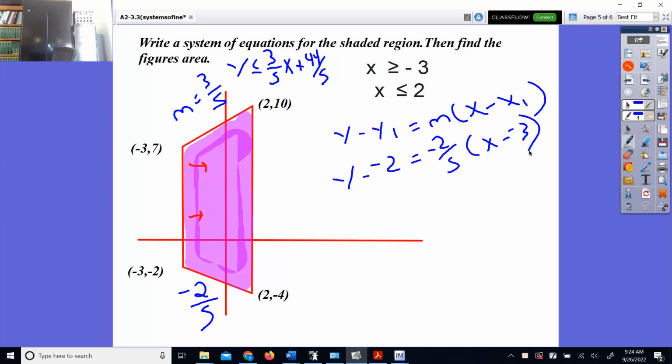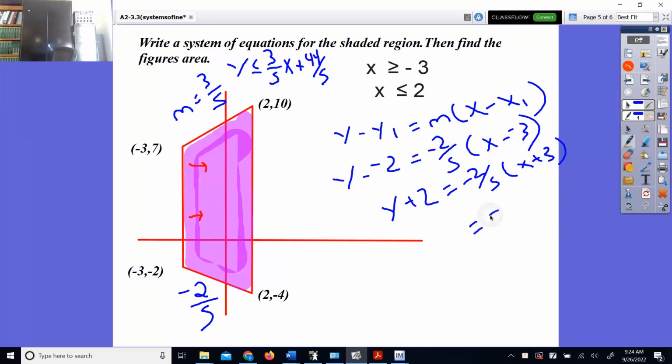What do you guys know about taking away negatives? We're just adding. I know a lot of kids like to change it on the spot. I probably did too when I was your age. But that's how long it takes to rewrite a line. What do you do with your -2/5?